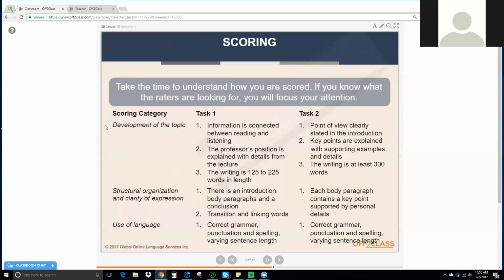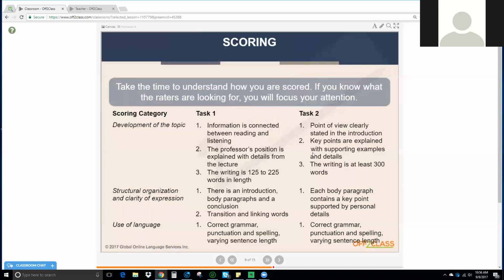The key points are explained with supporting examples and details, and they wrote at least 300 words. Okay, so I don't see any problems there.